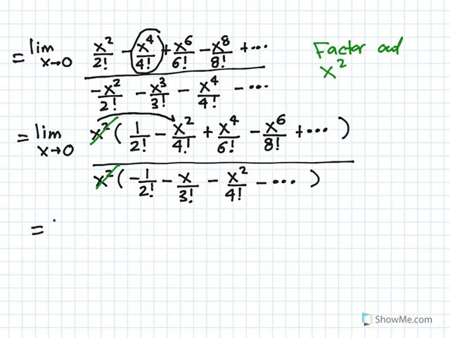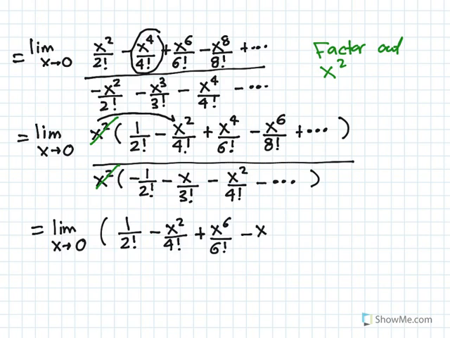So we get limit x approaches 0, 1 over 2 factorial minus x squared divided by 4 factorial plus x to the power of 6 divided by 6 factorial minus, this should be x to the power of 4.